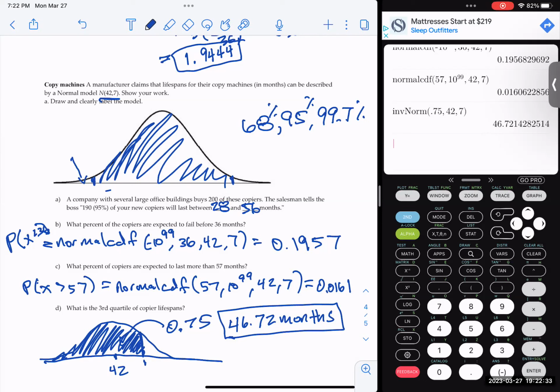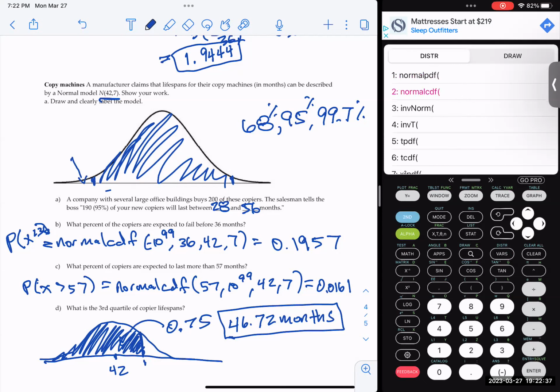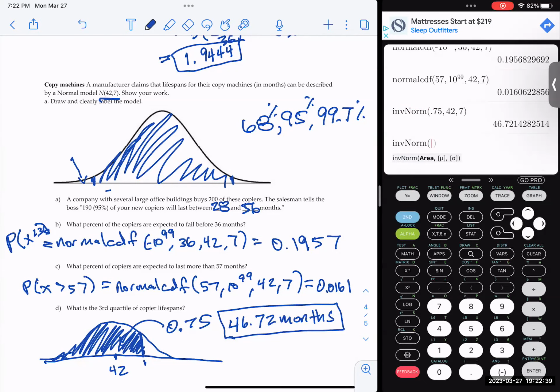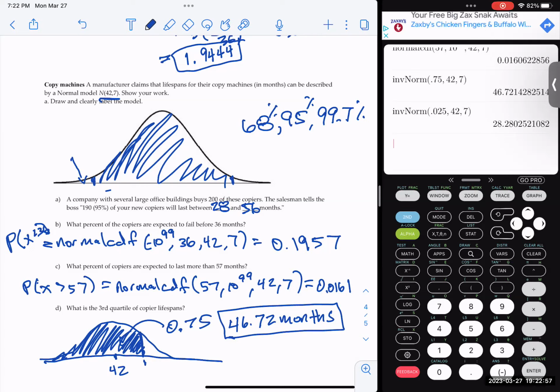In fact, I'll do that. Second distribution, normal inverse, 0.025 for 2.5%, 42, 7, and it's 28.28. The empirical rule told us 28. Does that make sense, the question you were asking earlier? That was a super smart question, and we're going to do things like that later on.